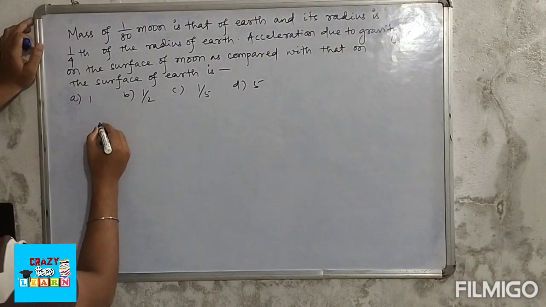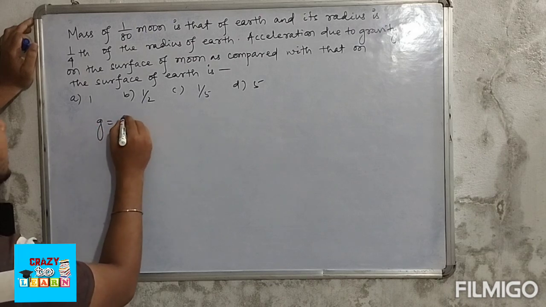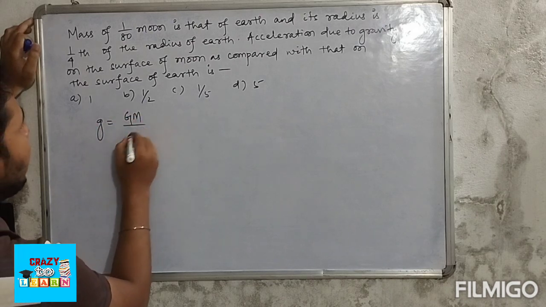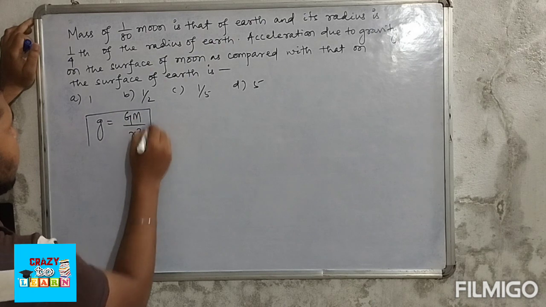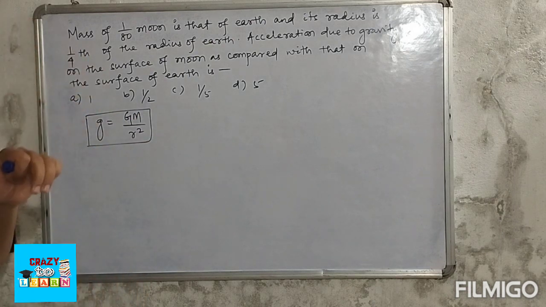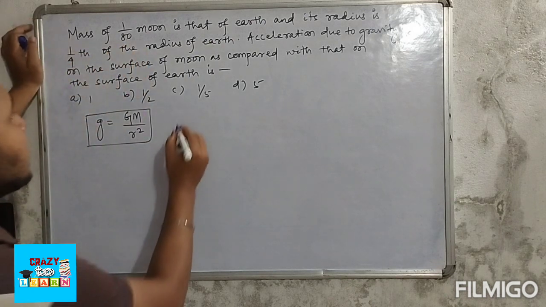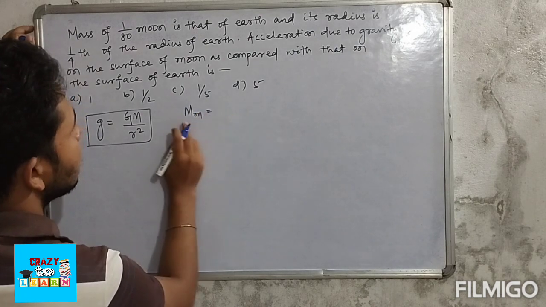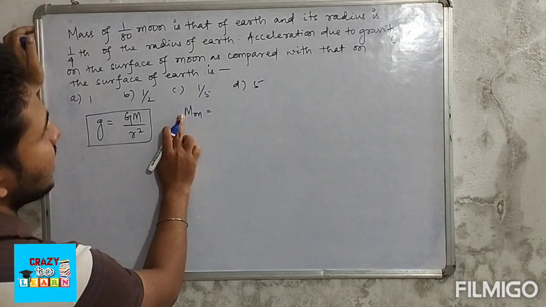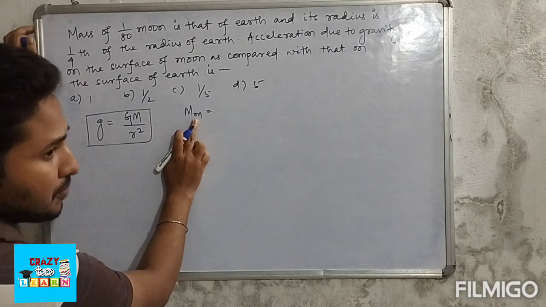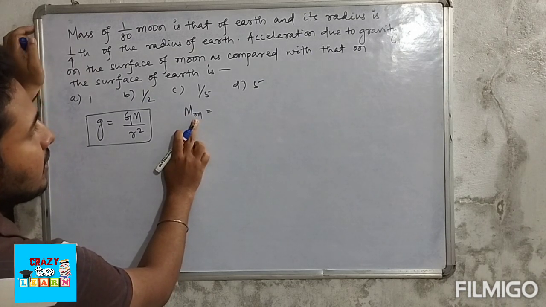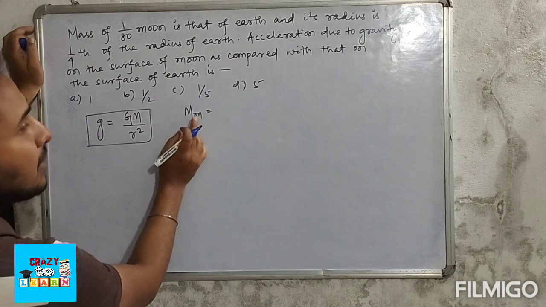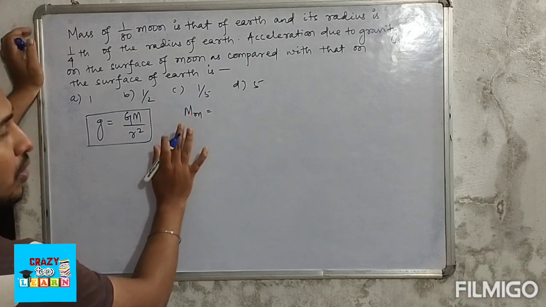So we will proceed as before. We know the formula for the acceleration due to gravity, small g is equal to capital G M by r square. And here the mass of the moon is given. So the mass of the moon, small mm, where capital M represents the mass and small m is subscripted at the bottom to represent the moon. Okay, don't confuse.